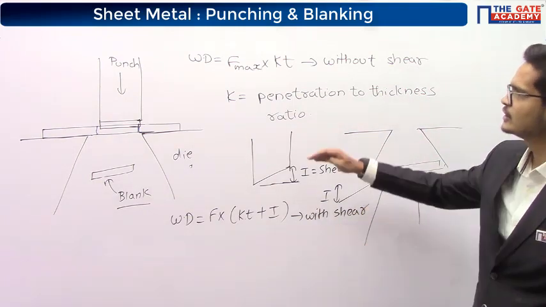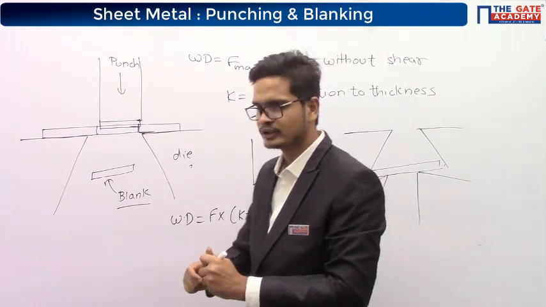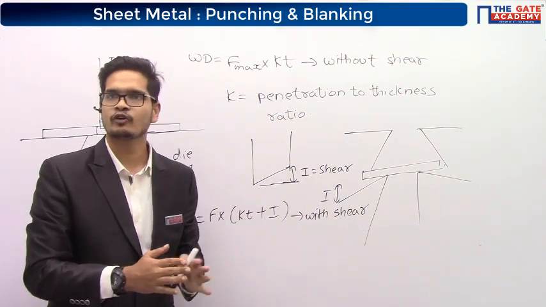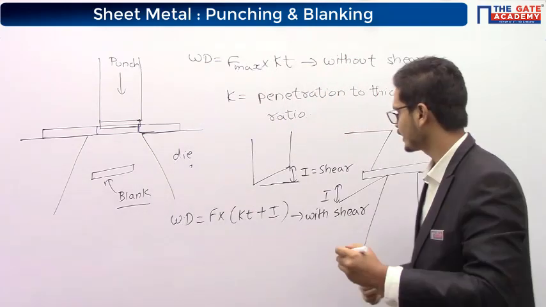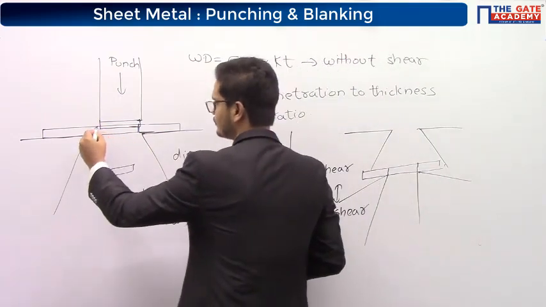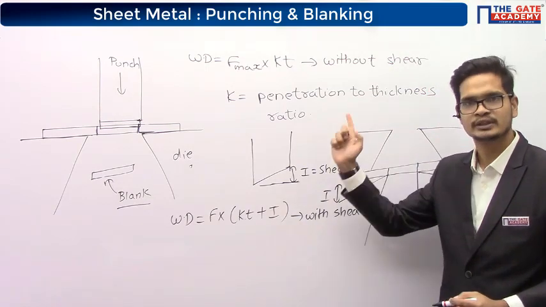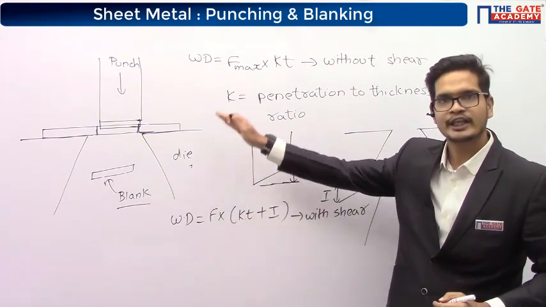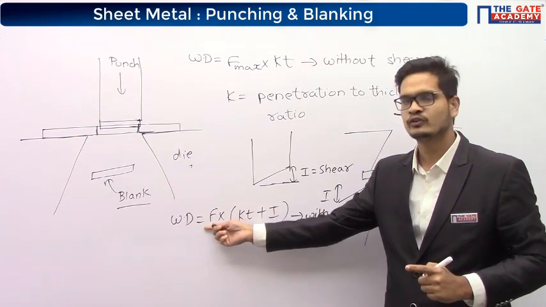Now what I am saying is, the work done without shear will be equal to the work done with shear. Why? Because work done is nothing but the energy that you are supplying for breakage of bonds. In both the cases, the same amount of bonds are going to be broken. Therefore, the work done will remain the same in both the cases. So, by equating the work done equations, you will calculate the value of F.